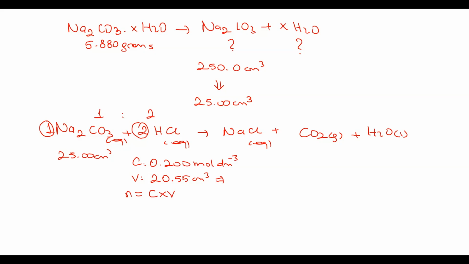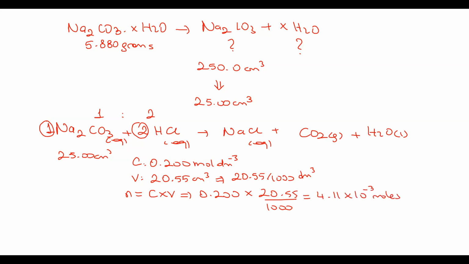We need to convert it into dm³ by dividing by 1000. So the number of moles will be 0.2 molar times 20.55 divided by 1000, which is 4.11 × 10⁻³ moles of hydrochloric acid.